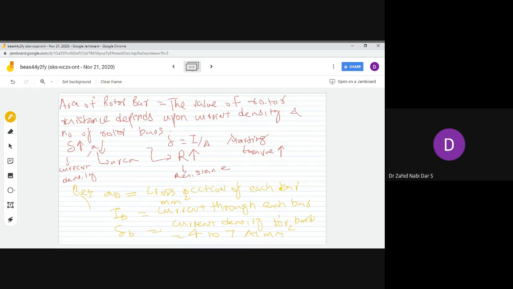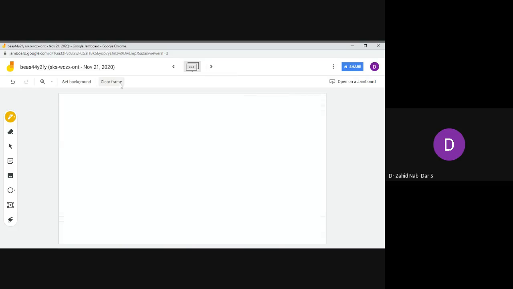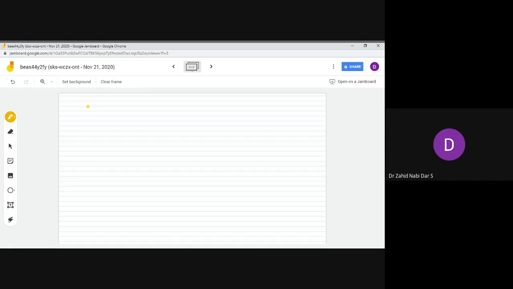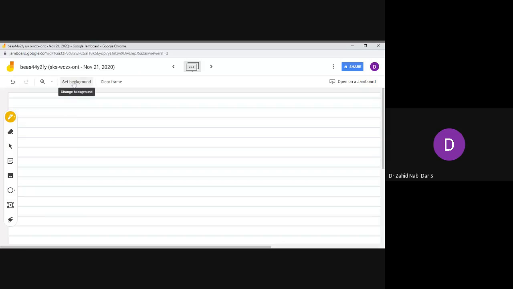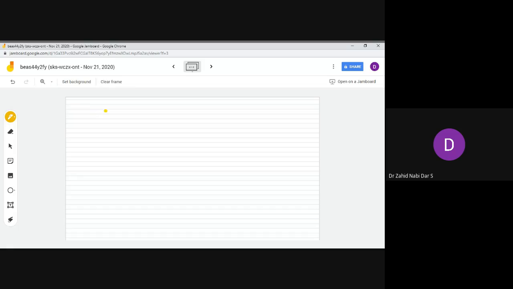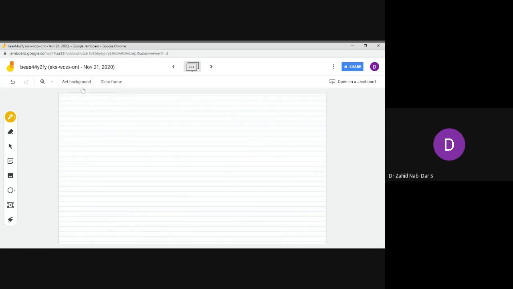And then now you have the shape and size of the rotor bar. So how do we go about the different types of shapes and sizes of the rotor bar? So we'll go for the shape and size. There are different shapes. One of the shapes is like this. Another shape you have is in this form.